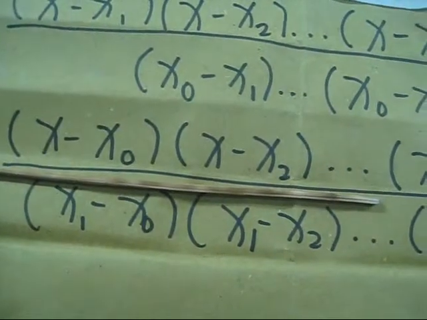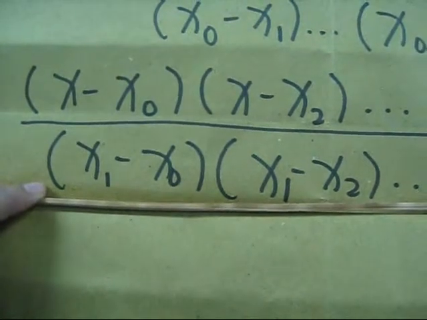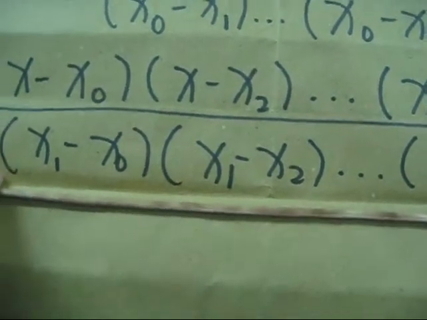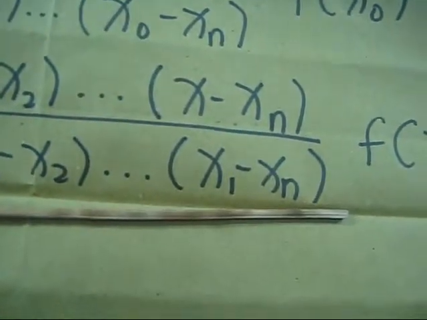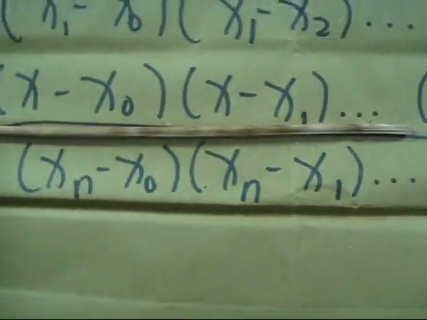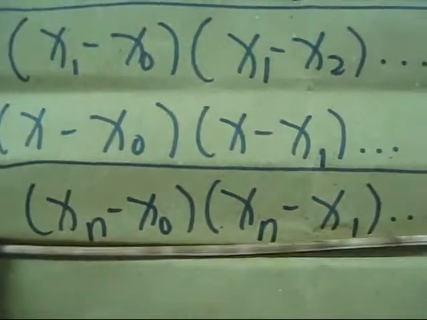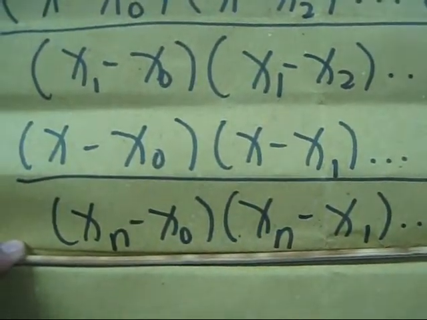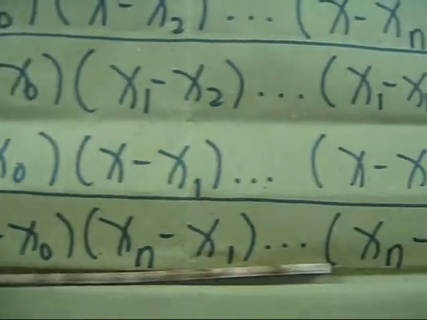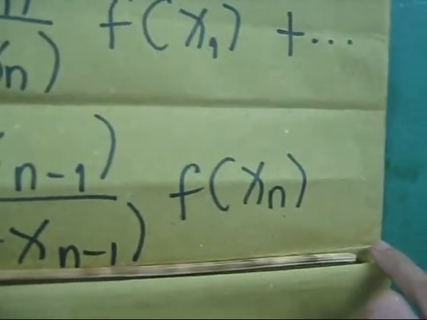Plus x minus x sub 0 times x minus x sub 2 up to x minus x sub n divided by x sub 1 minus x sub 0 times x sub 1 minus x sub 2 up to x sub 1 minus x sub n, multiplied by f of x sub 1, plus up to x minus x sub 0 times x minus x sub 1 up to x minus x sub n minus 1 divided by x sub n minus x sub 0 times x sub n minus x sub 1 up to x sub n minus x sub n minus 1, multiplied by f of x sub n.